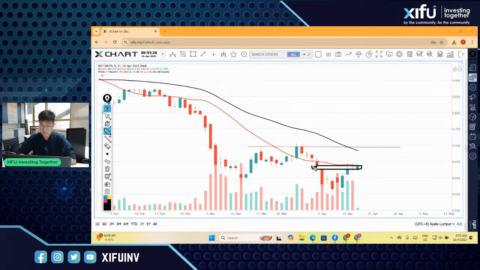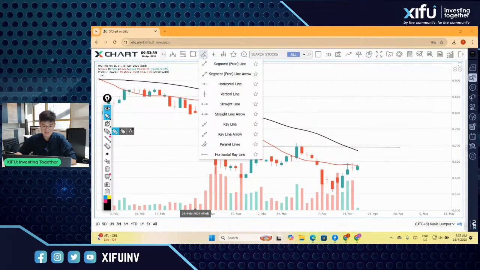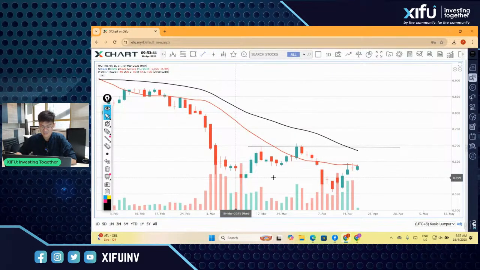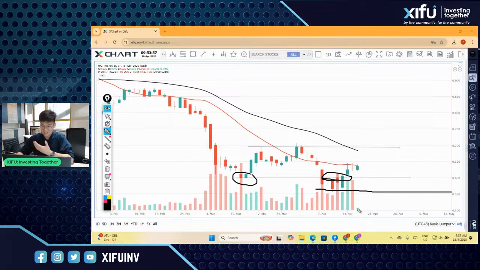So support wise, actually the support is not that strong also. If you ask me, I would say the 60 cent area, because in this area over here you notice they tried. So if your risk tolerance is higher, probably yes, this is a support area you can watch out for. But from here to here, it's very foul.